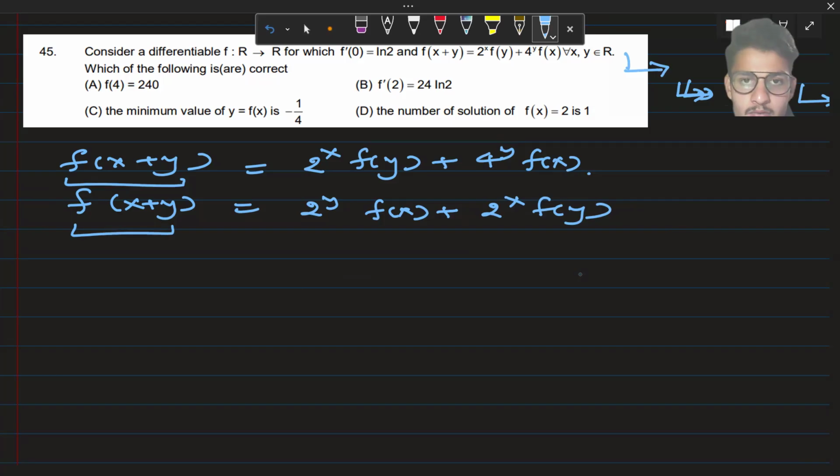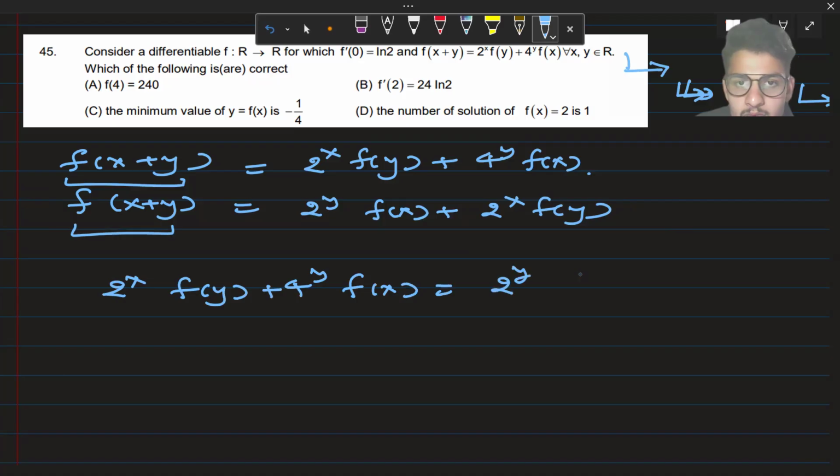When you subtract these two, you will see that 2 to the power x f of y plus 4 to the power y f of x minus 2 to the power y f of x minus 4 to the power x f of y.